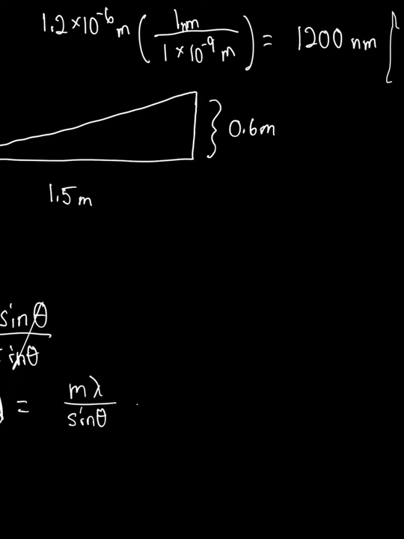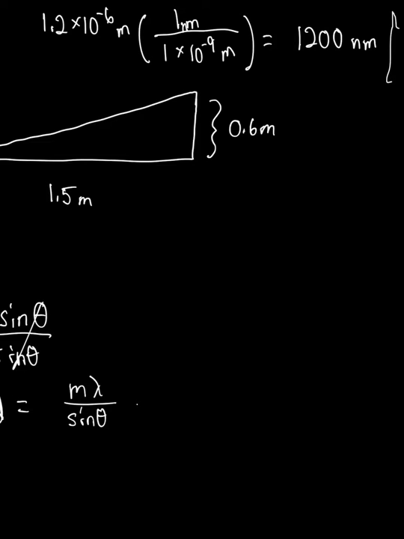Do I know any of these things? Do I know what m is? M is the order of the bright spot. So m is always an integer. The brightest fringe spot is the first order bright spot.